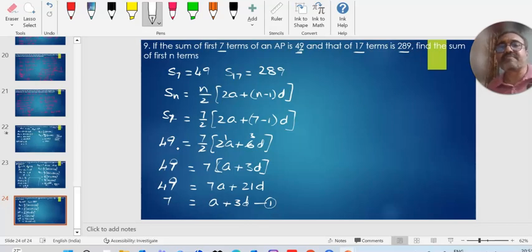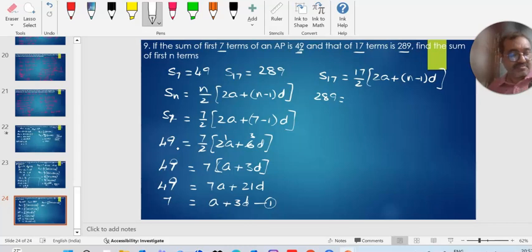Now take S17. Yes, 17. S17 is equal to 17 by 2 into 2a plus n minus 1 into d. S17 is equal to 289. That is equal to 17 by 2 into 2a plus 17 minus 1, 16d.